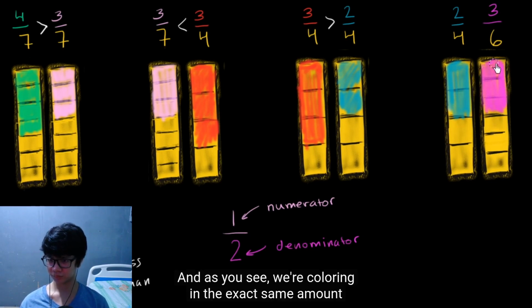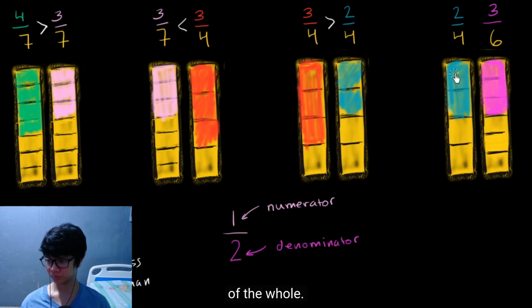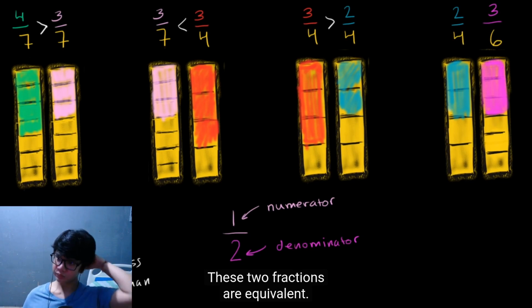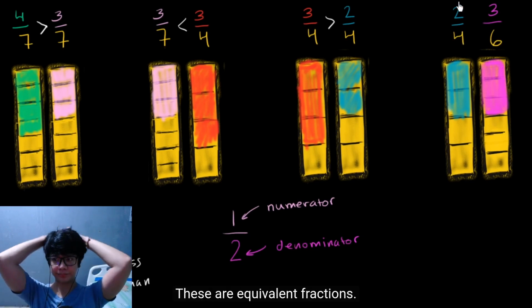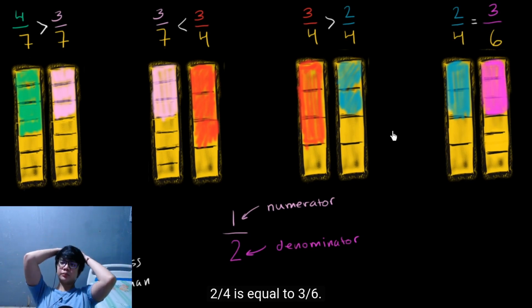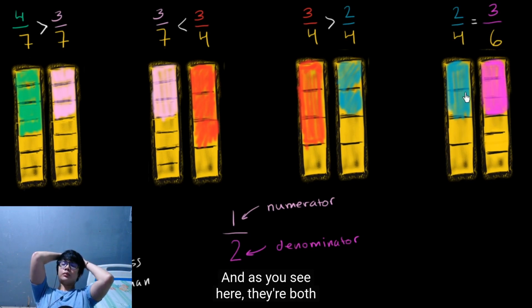And as you see, we are coloring in the exact same amount of the whole. These two fractions are equivalent. These are equivalent fractions. 2/4 is equal to 3/6. And as you see here, they're both filling in half of the whole.